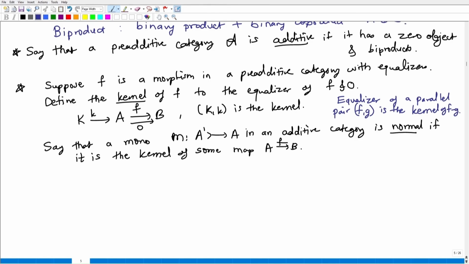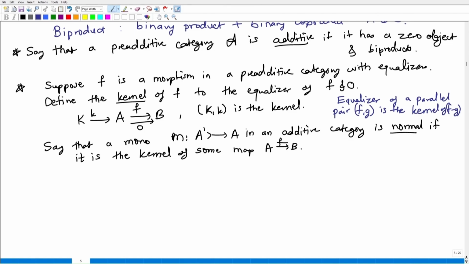Because you can add, so you can subtract. So f and g are parallel, you simply change them to f minus g comma 0. Subtract g from both of them and then you get the kernel. So normal mono, and you can also define the dual notion. Normal is just regular. Okay.